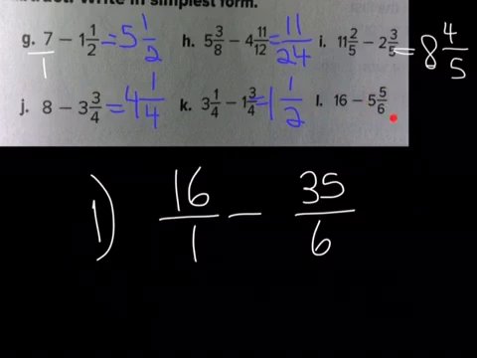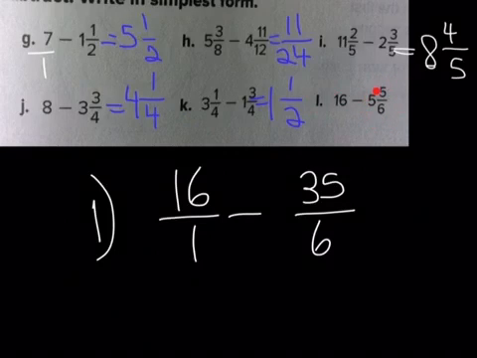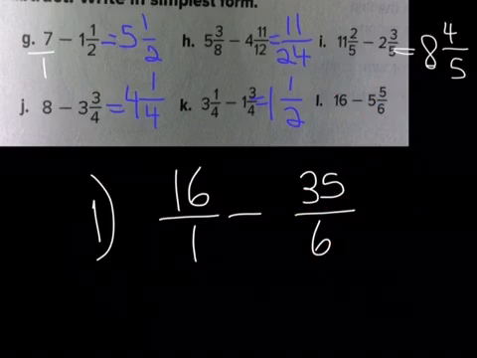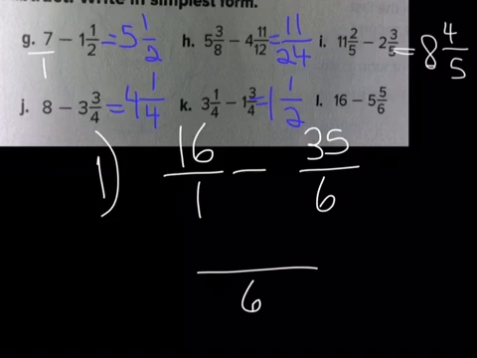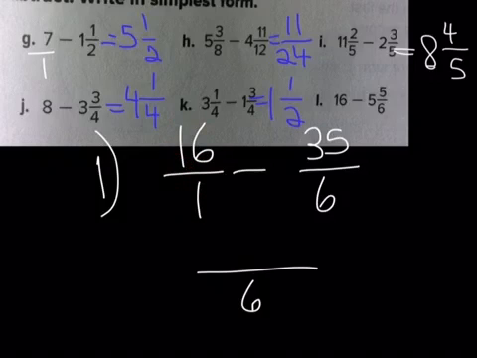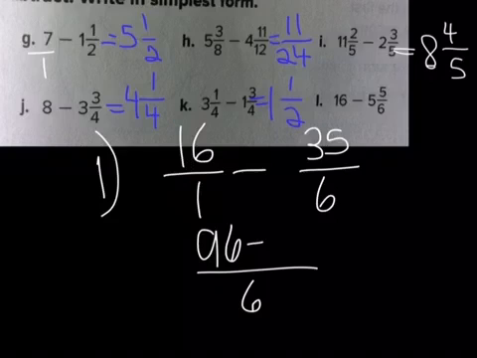And finally for L, 16 is over 1, and we're going to change this to an improper fraction. So 6 times 5 is 30, plus 5 is 35 over 6. 35 over 6 and 16 over 1. The common denominator is going to have to be 6. So if I changed the 1 to a 6, I must change the 16 and multiply it by 6, because that's what I did to the 1. So I multiply 16 times 6 and I get 96 minus 35.